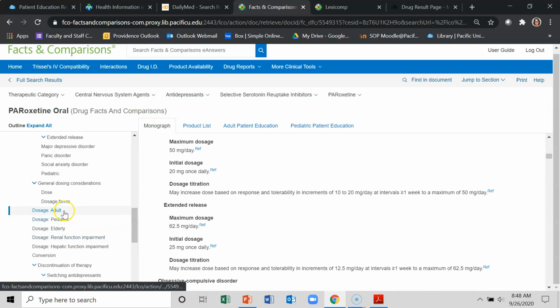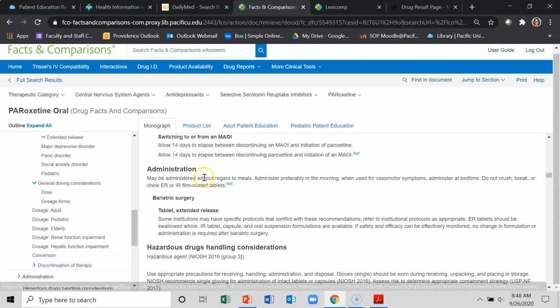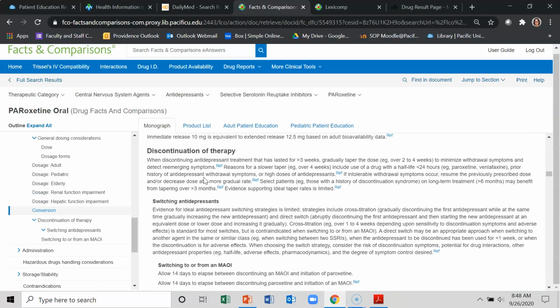For this particular drug, because it does have one of those withdrawal phenomena, there actually is a section on discontinuation of therapy. And they talk in here about how to go about doing that. And it says that it needs a slow taper, so decreasing the dose over 4 weeks.